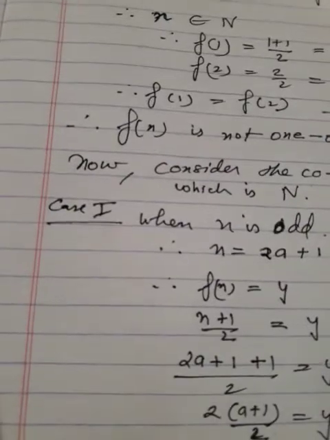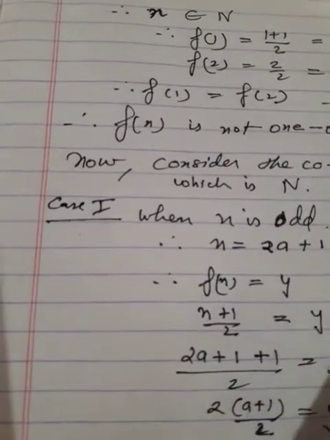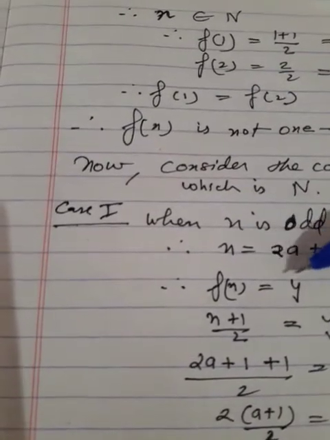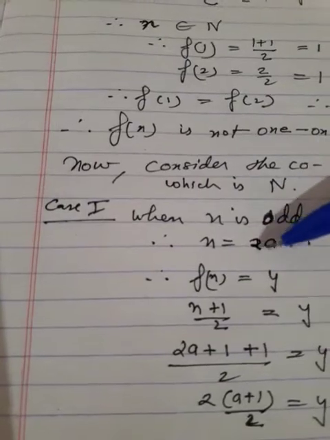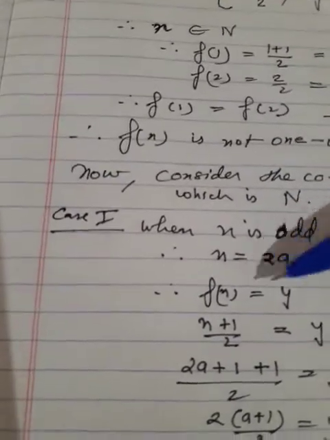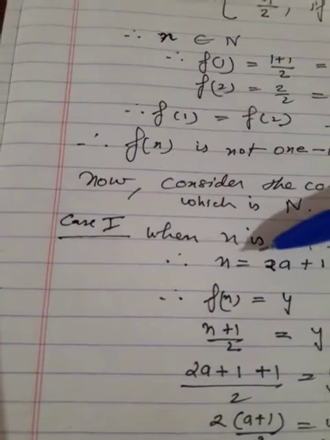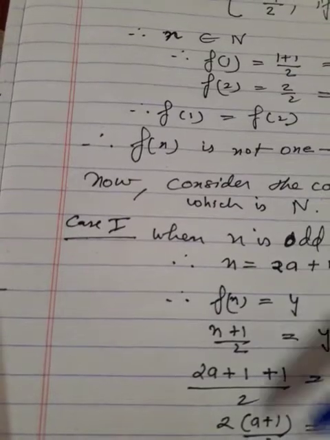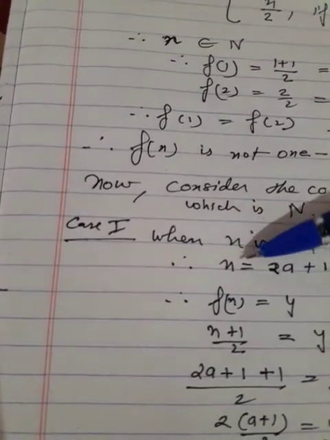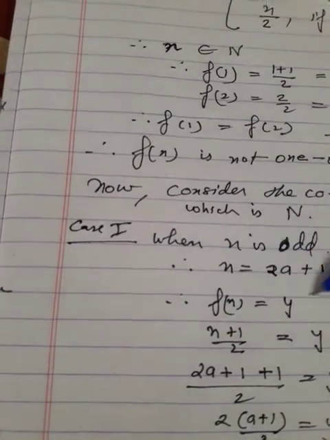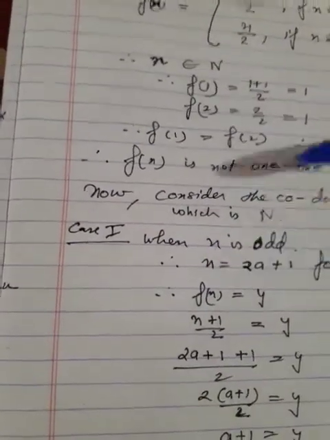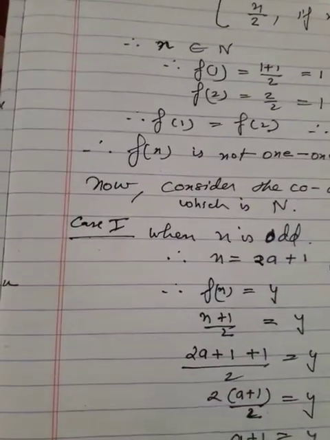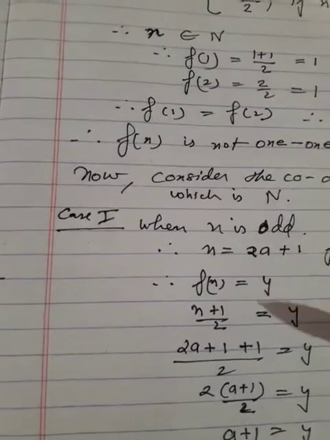So what we have proved is that for any natural number, because we have not taken any specific number but a general variable representing natural numbers, we are getting a natural number in the domain for any odd natural number in the codomain. So for the first case, when n is odd, we can surely say that this function will be an onto function. Let us check for even numbers also.